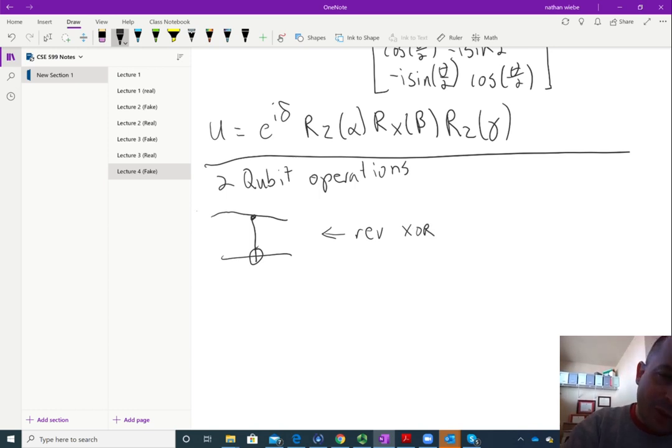So, for example, if we've got a state A up here and a state B down here, this will end up mapping us to A and A exclusive or B.